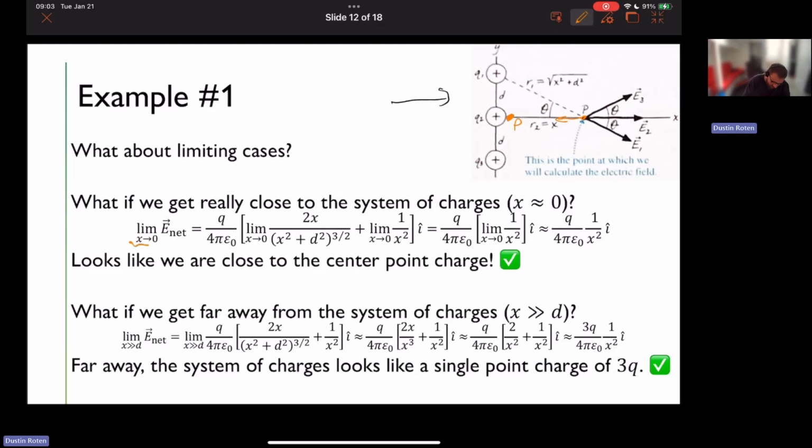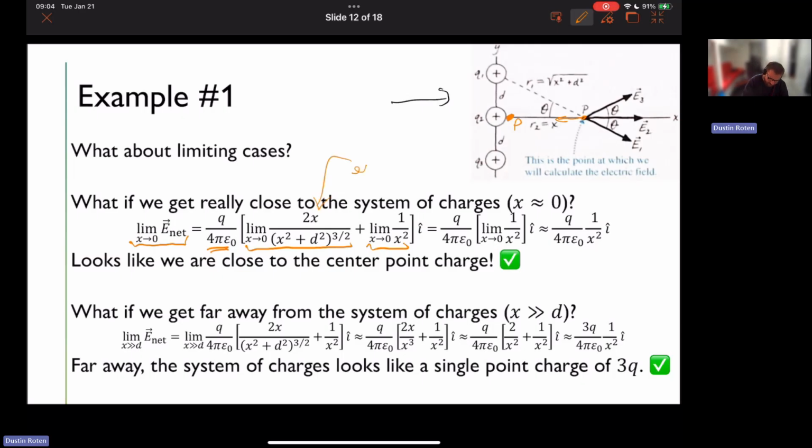So what we can do is take our net electric field and just take the limit of it. We're going to let x get really close to 0. So I'll take the limit of the terms inside. Of course, the coefficients out front just come along for the ride. Now, this function actually exists at 0, this first term.